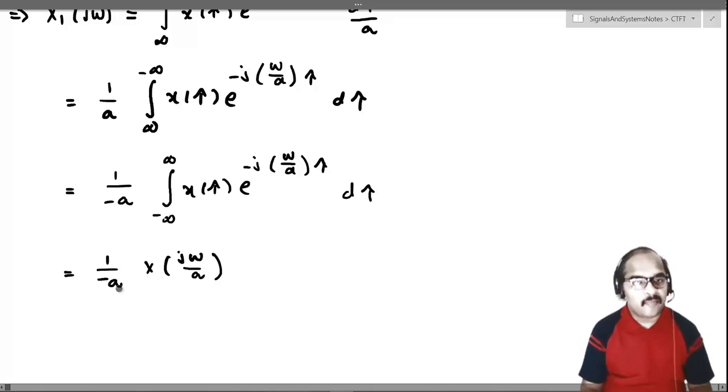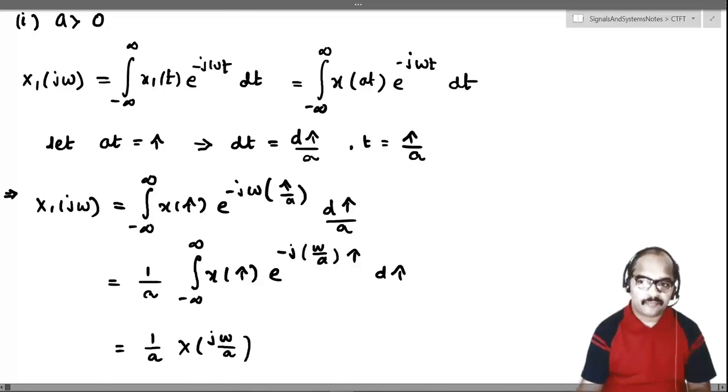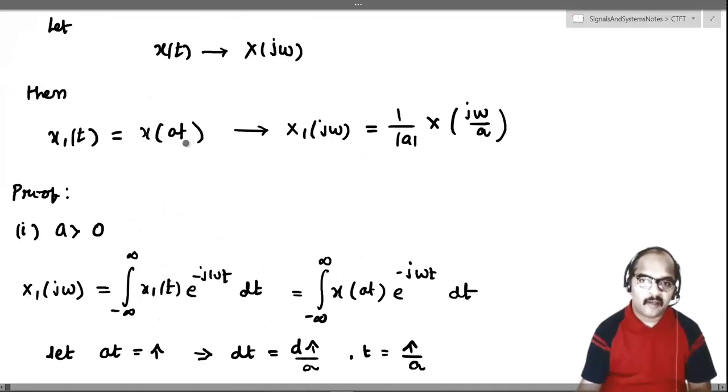So whatever the value of a, negative or positive, we should take only the positive value. That is the same as taking the modulus, and hence the Fourier transform of x of at is 1 by mod a x of j omega by a.